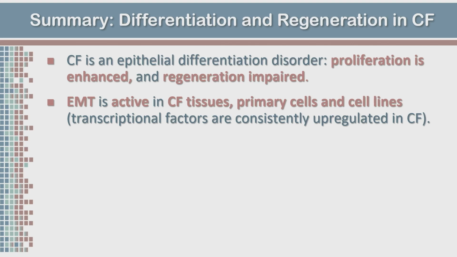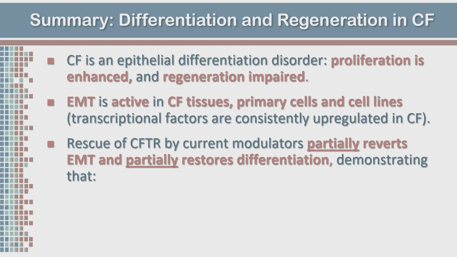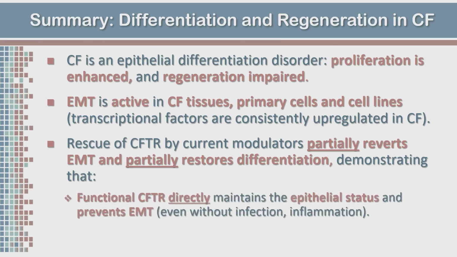And the transcriptional factors responsible for EMT are consistently upregulated in CF. So the rescue of mutant CFTR by current modulators only partially reverts EMT and partially restores differentiation, demonstrating that functional CFTR directly maintains the epithelial status, so in people without CF, of course, and prevents EMT.